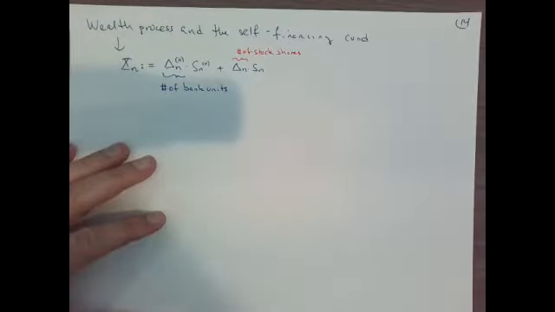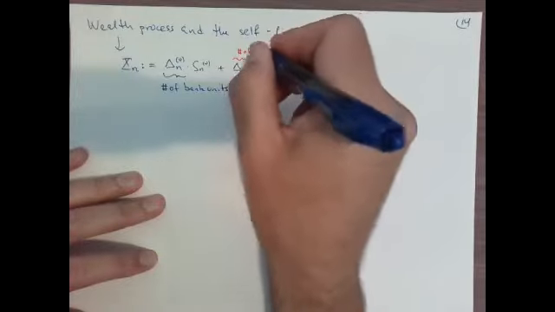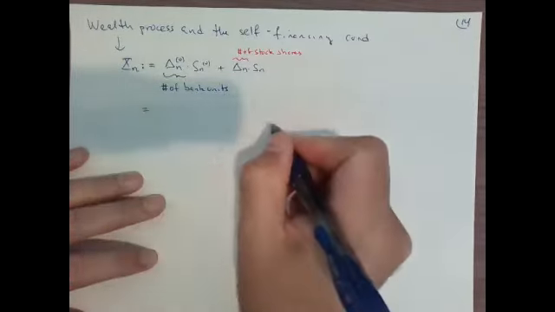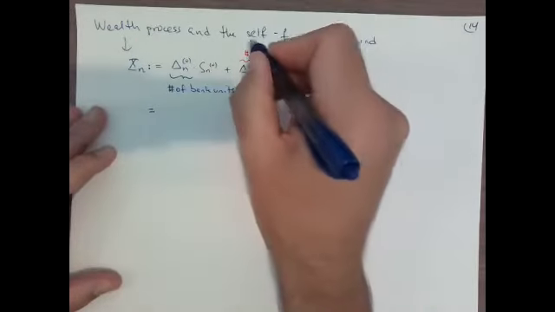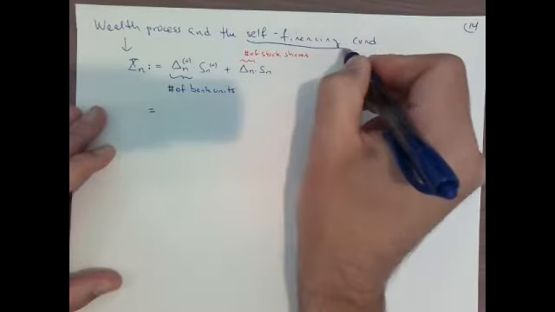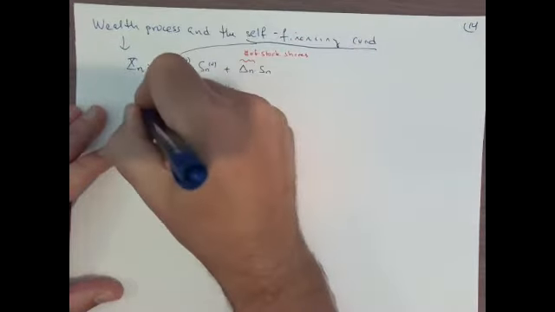So we're going to say that the self-financing condition, this is when that's the wealth process. So the self-financing condition, this part, this is what you get here.